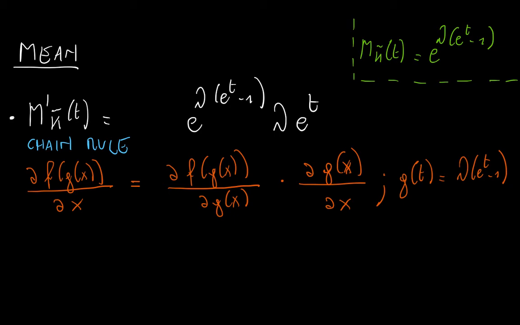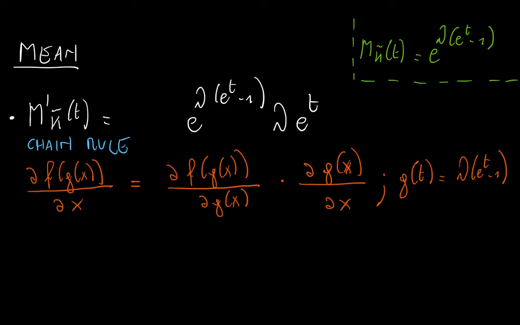Therefore, as it is written in orange, the first step is to take the derivative of f of g of x with respect to g of x, and therefore it is the exponential of lambda multiplied by the exponential of t minus 1.